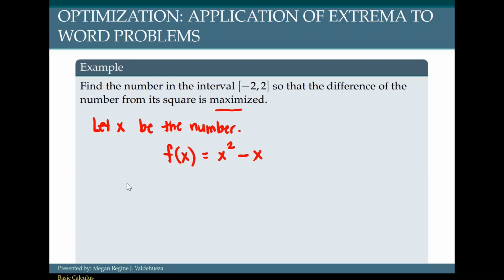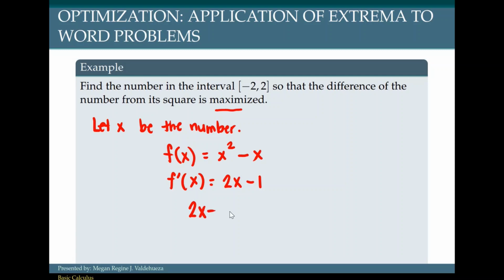So again, our first step is to find the derivative of the function. So what is the derivative of x squared minus x? That is 2x minus 1. And the next step is to equate the derivative of the function to 0.